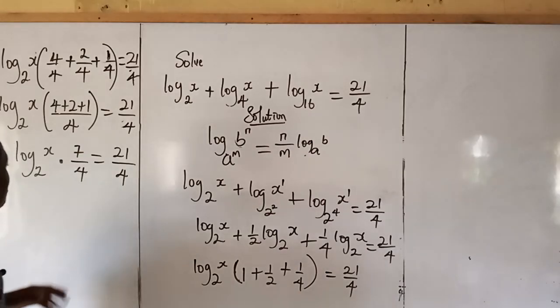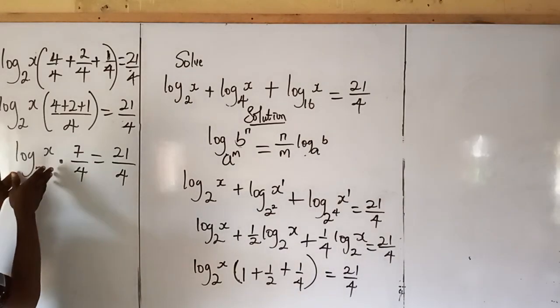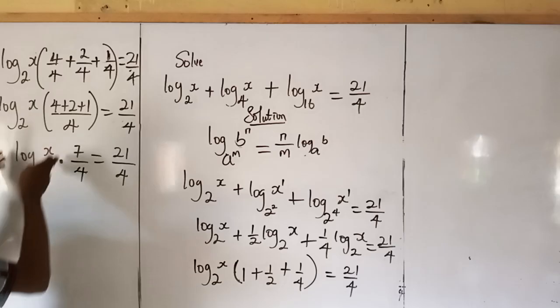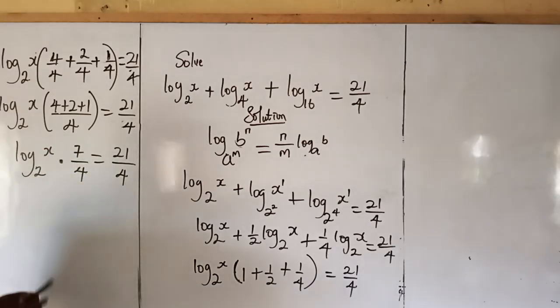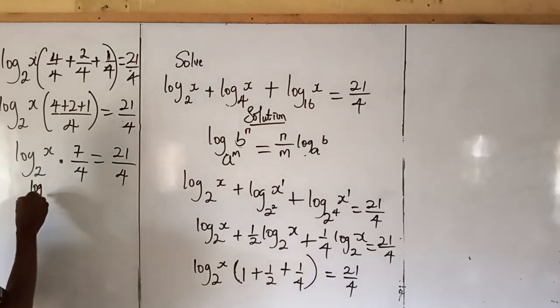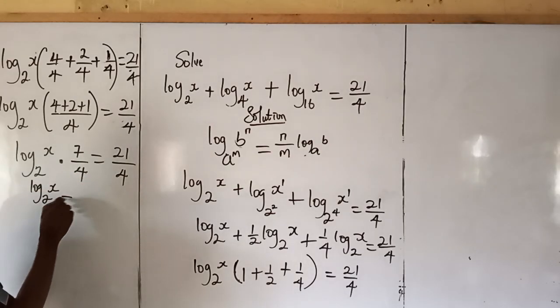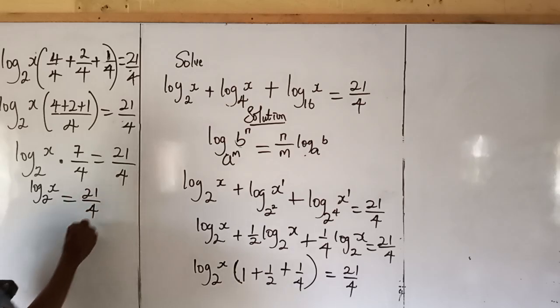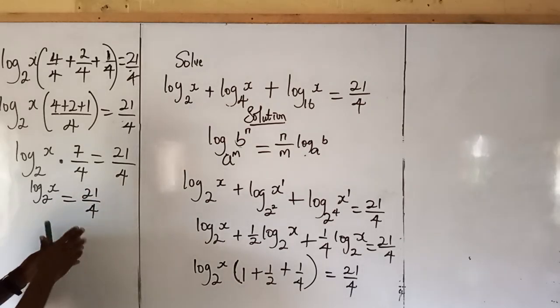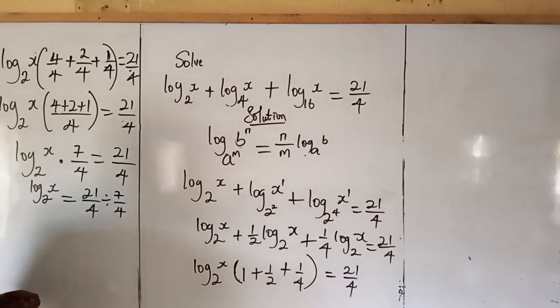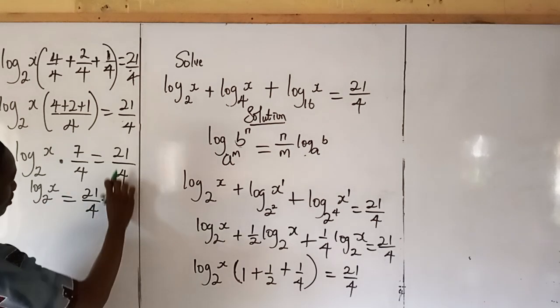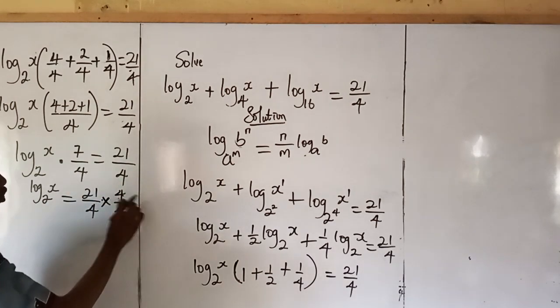Now I'm trying to make the log 2x on the left-hand side stand on its own. So I have to get rid of the fraction by dividing both sides by 7 over 4. Let's divide and reciprocate at once: log 2x equals 21 over 4 times 4 over 7.